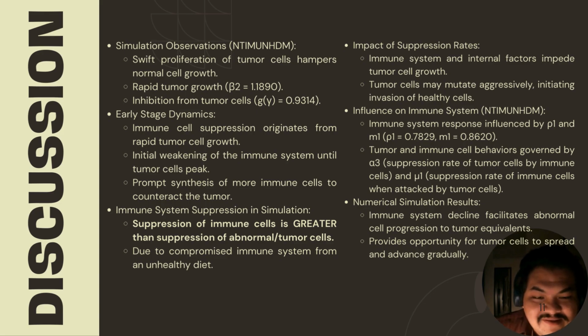So this influences which concentration will increase first and will affect the suppression rate of the other. Henceforth, in this case, the immune system decline facilitates the abnormal cell progression to tumor. Hence, the tumor cells are allowed to proliferate and turn into cancer cells.